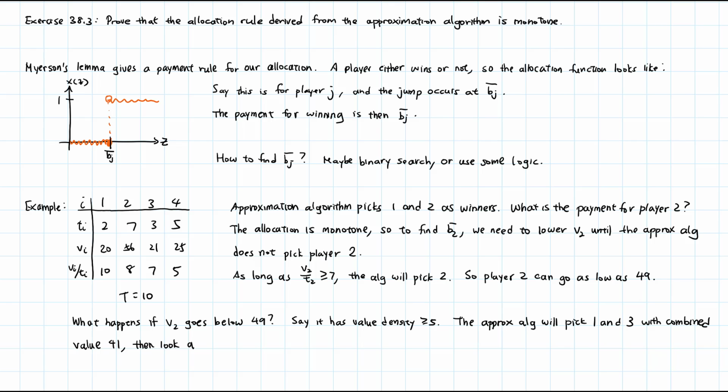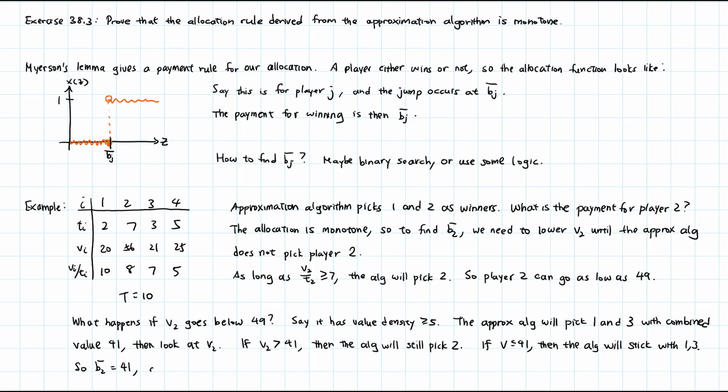Then we will look at v_2. If v_2 is strictly larger than 41, then the algorithm will still pick 2. If v_2 is at most 41, then the algorithm will stick with 1 and 3. So our jump point, b_2 bar, is at 41, and the payment is 41. And this concludes our discussion on ideal auctions.